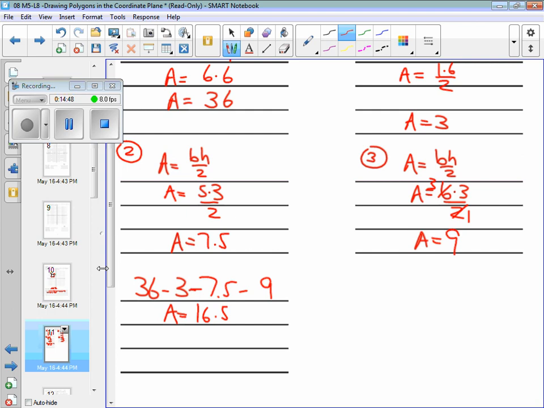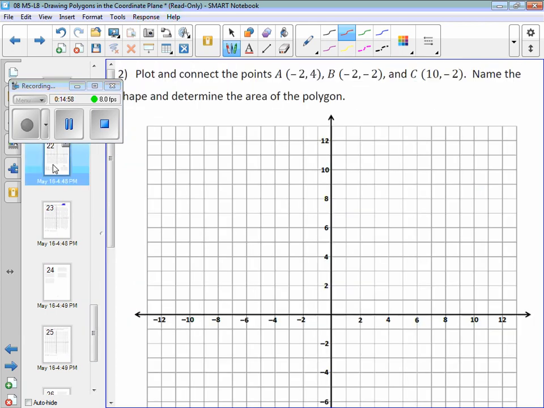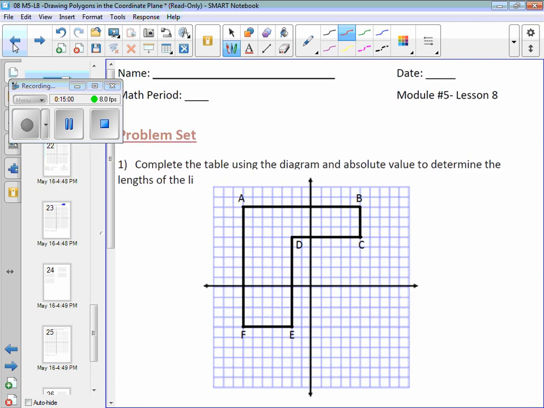Okay. Now, before we pack up, let's do a quick preview of what you're going to be doing tonight for homework. Go to 19. I believe it's 19. Okay. 19 is like what you did on page 2. Only this is a little bit more difficult, can I give you a suggestion? There's no units listed on this grid.